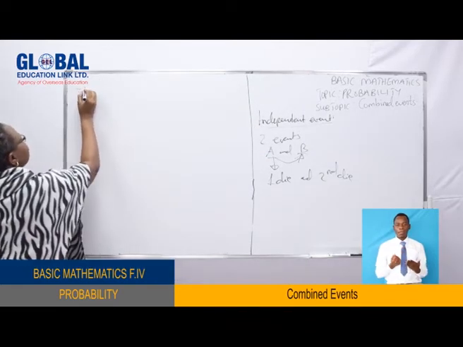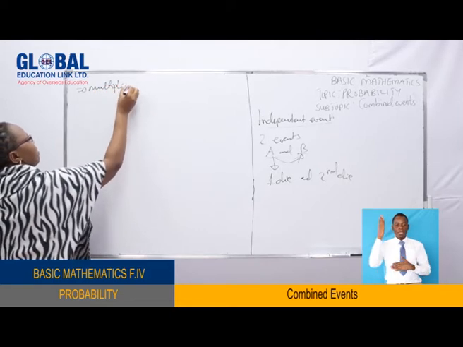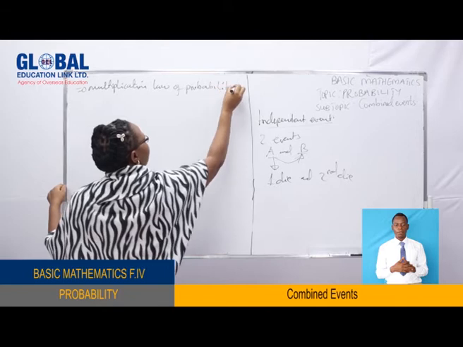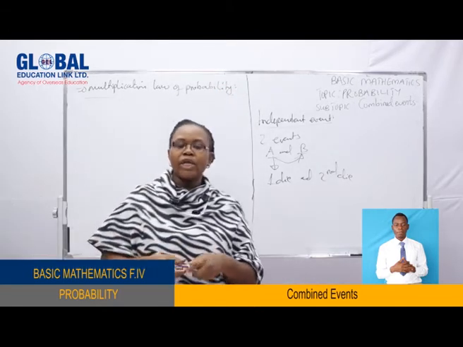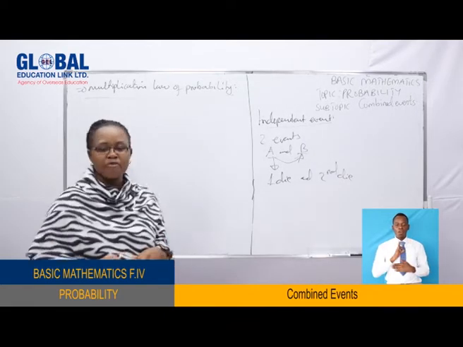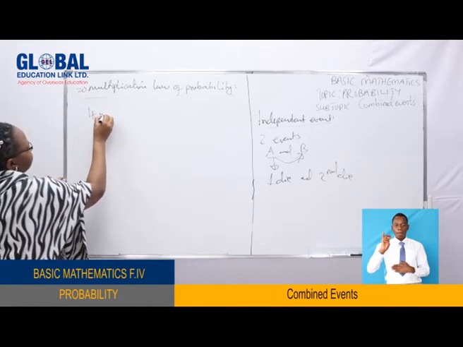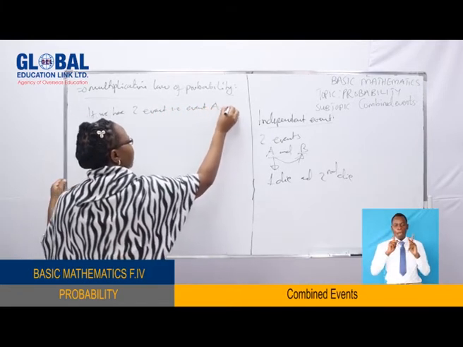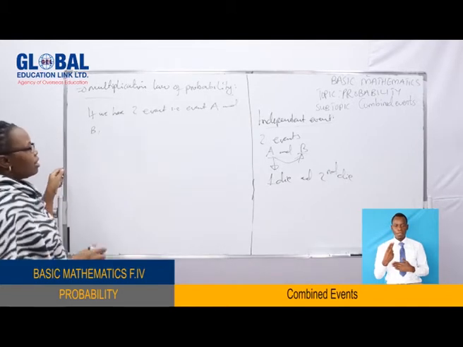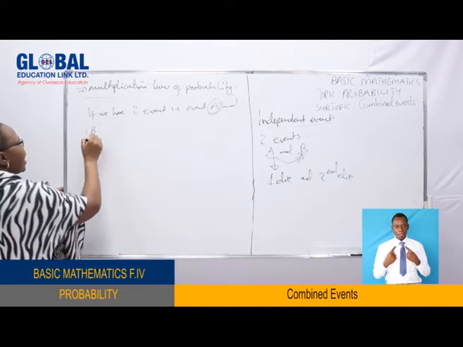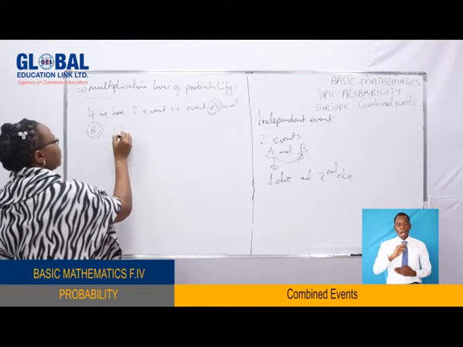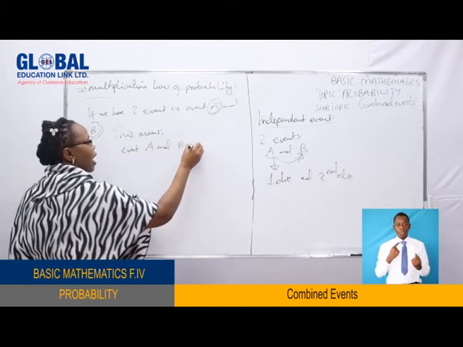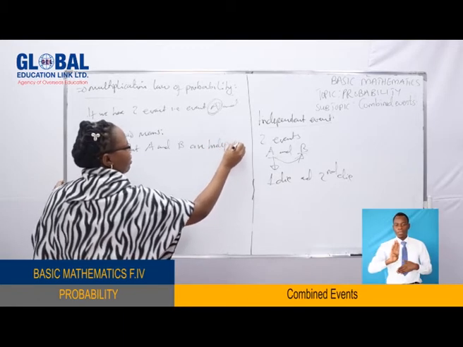The multiplication law of probability says that if we have two events, that is event A and B, and the occurrence of event A will not affect the occurrence of event B, this means events A and B are independent events.